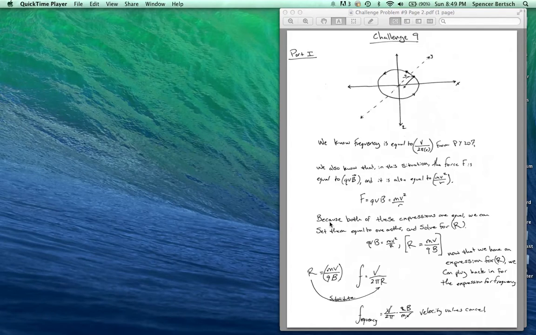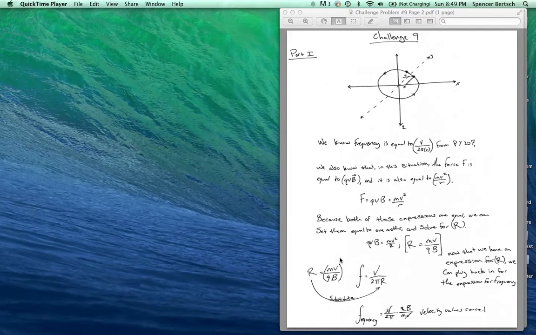Anyway, because these expressions are both equal, we can set them equal to each other and solve for r. Once we have r, we can plug r back into here. I use this curly f as frequency and this capital F as force.